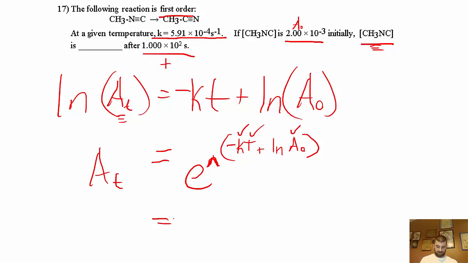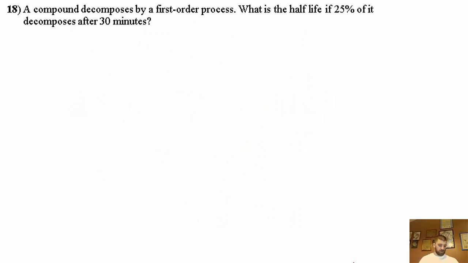And I solve for it, and I get 1.89 e to the -3 molar. It's just algebra, not too bad. Just got to know which formula to use, plug and chug, and rearrange initially so you don't have to deal with numbers, you're just dealing with a couple of letters.